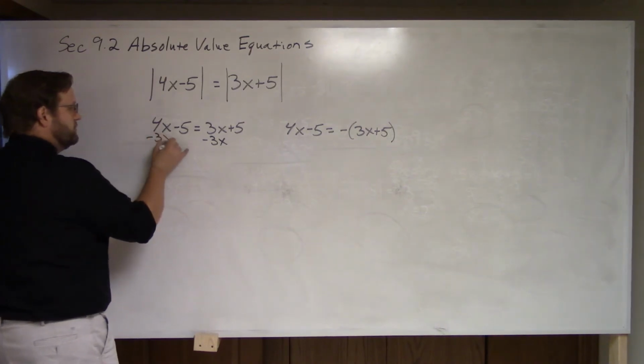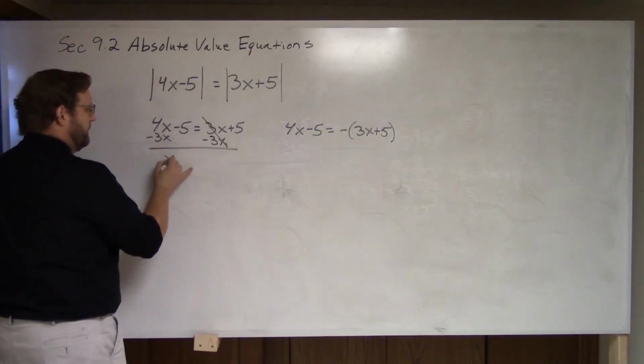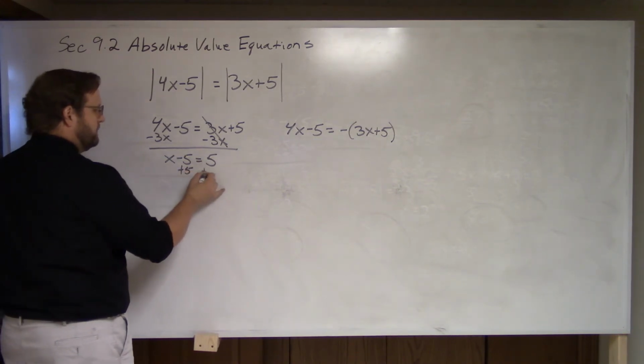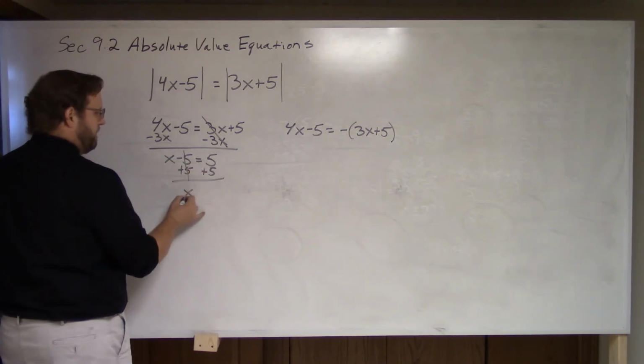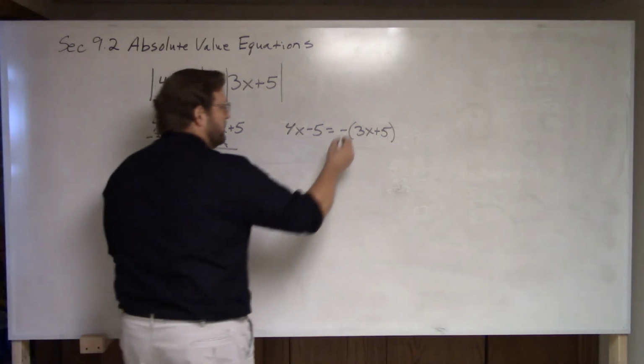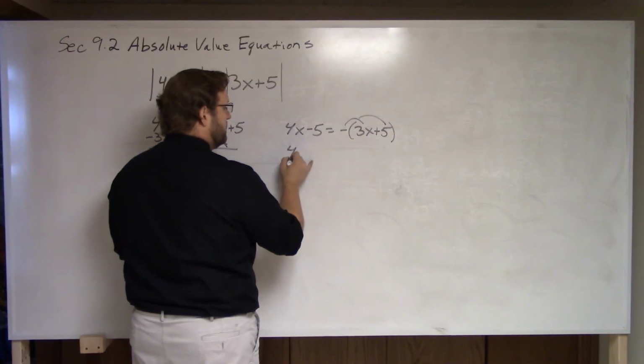I'm going to subtract that x over, and then I'm going to add a 5. There we go. Over here, I'm going to distribute a negative.